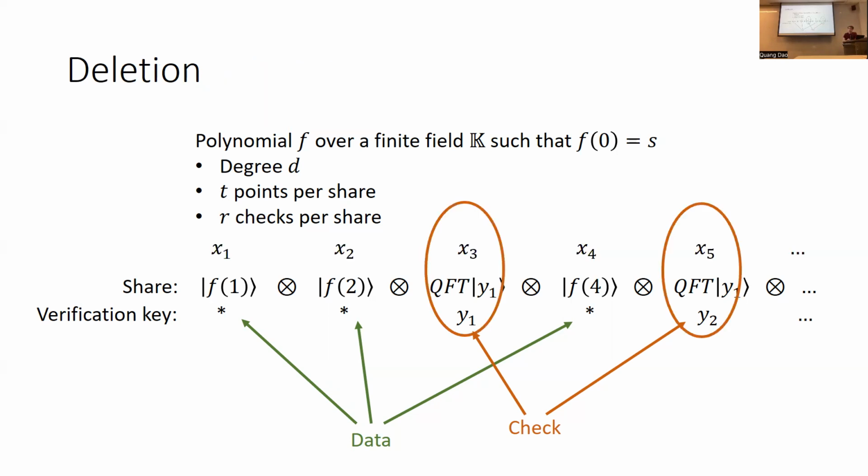So to delete a share, you just measure every index in the Fourier basis. And this is going to match on any indices which actually were in the Fourier basis, so it will match on the check positions. This means that to verify the certificate, we just have to check that the certificate matches in those check positions.